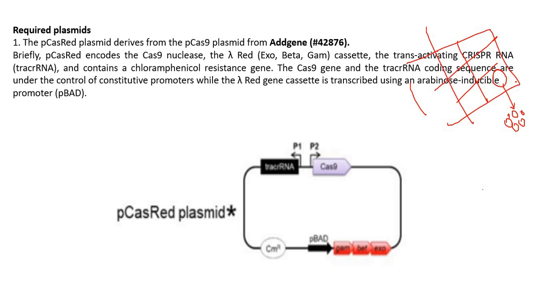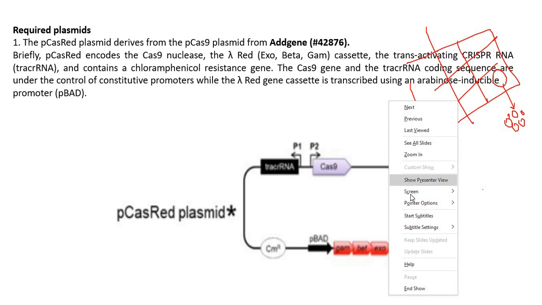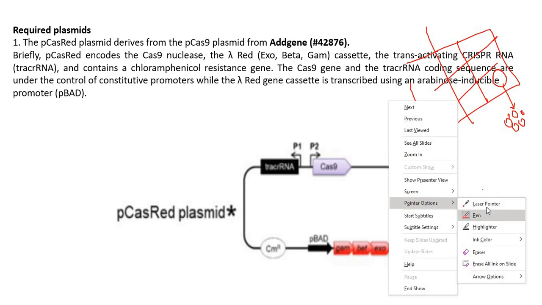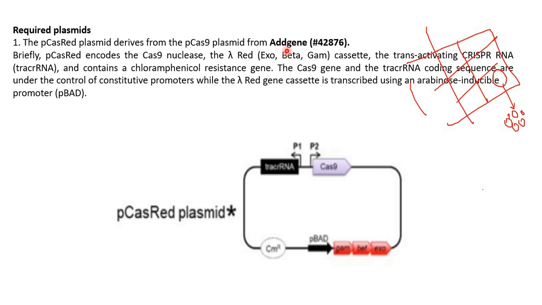So it's a better strategy to use bacterial cells instead of mammalian cells if you are organizing a workshop. How can you do that? For that you can just order the pRED, the pCas9 plasmid from Addgene, and the catalog number of this plasmid is 42876.